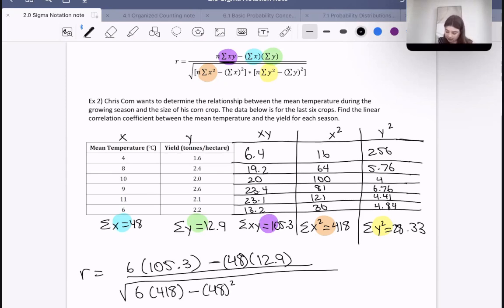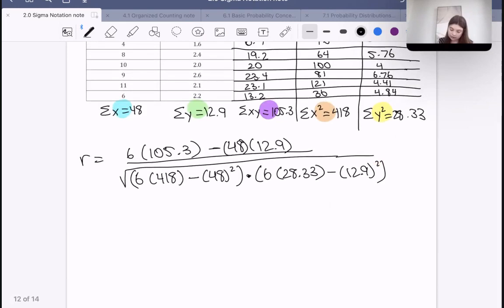Okay, and then that is going to be multiplied by 6 times the summation of the y squared values, which is 28.33, subtract the summation of the y values squared. So 12.9 squared. So this is just the step where we would plug all of that in, right? We've got to plug everything in. And then we're just going to solve this.